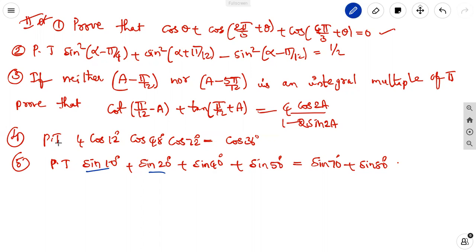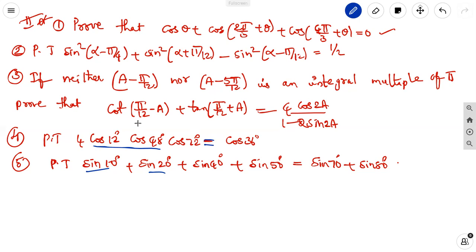This fourth one, we can here also use the 2 cos A cos B form. 2 cos A cos B means cos of A plus B plus cos of A minus B. From that we are getting what is suitable.